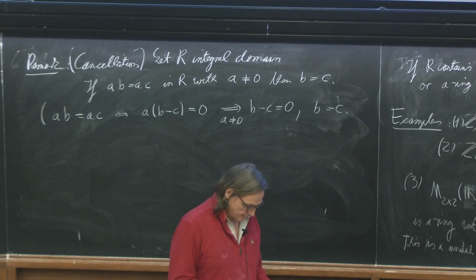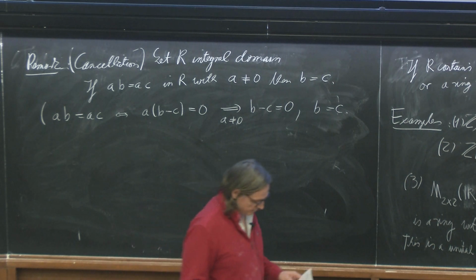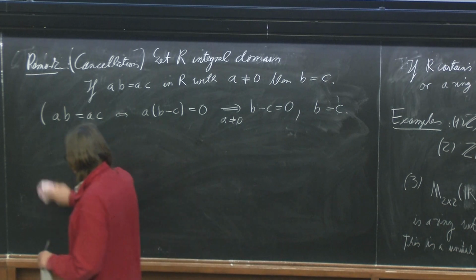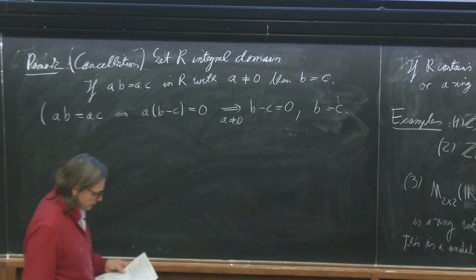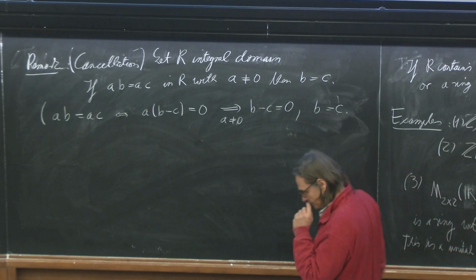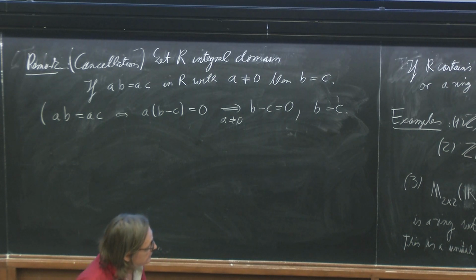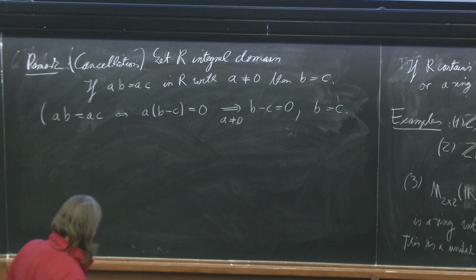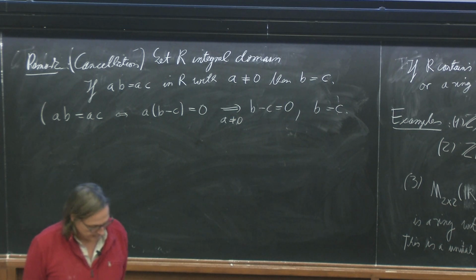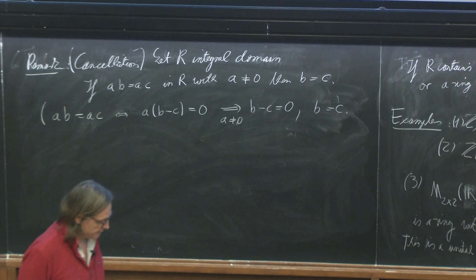Now I think the last thing, maybe the last thing I will introduce, will be units. So if I have a ring with 1, a unital ring, then the units will be the elements which are invertible. You know, in a group, every element is invertible for the multiplication in the group.